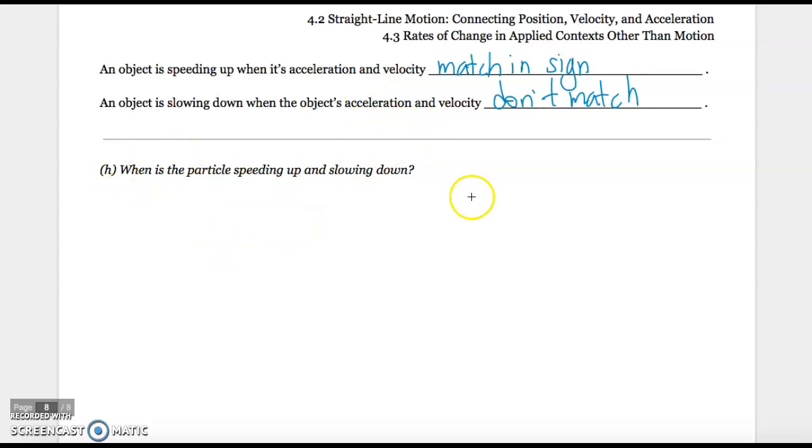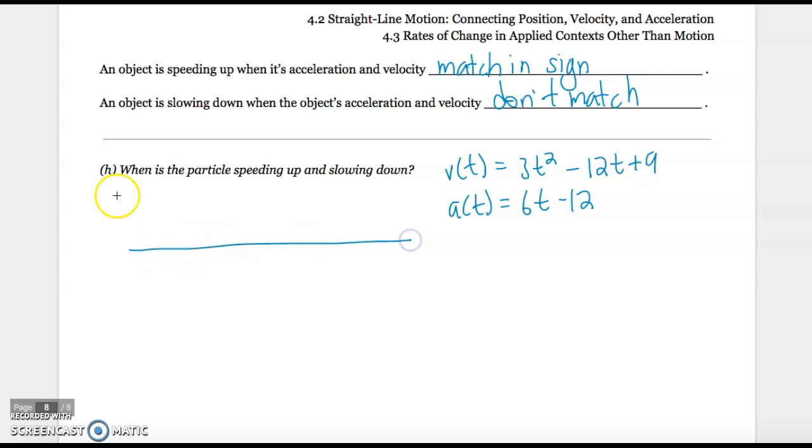So this is using that same example. Our velocity function was 3t squared minus 12t plus 9, and then we found the acceleration in the last example part, and that was 6t minus 12. And so what we have to do is compare essentially sign charts of when your velocity was positive and negative.